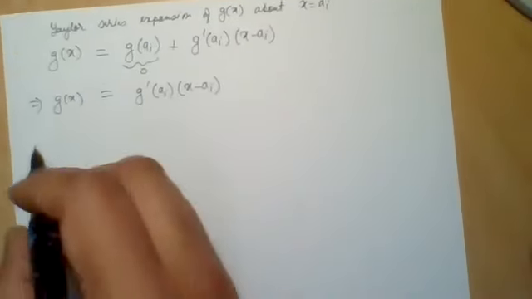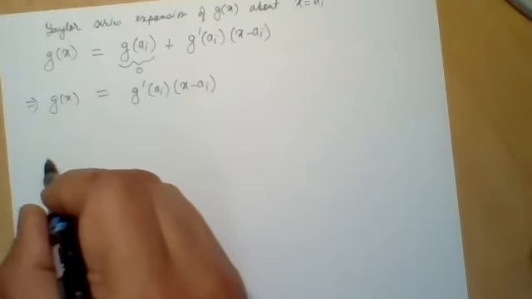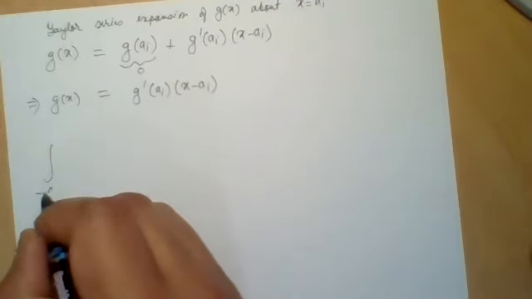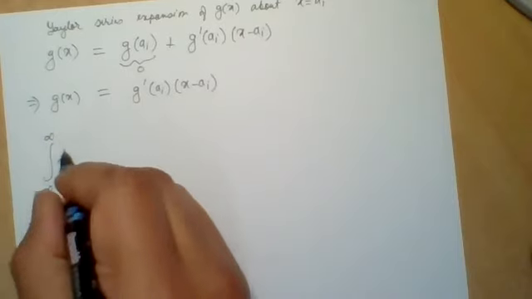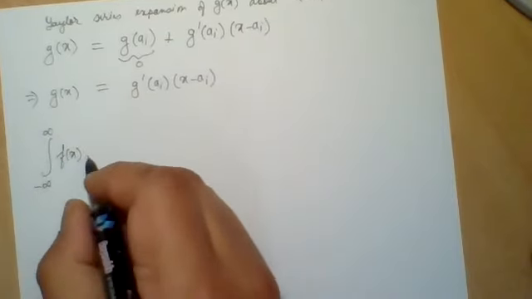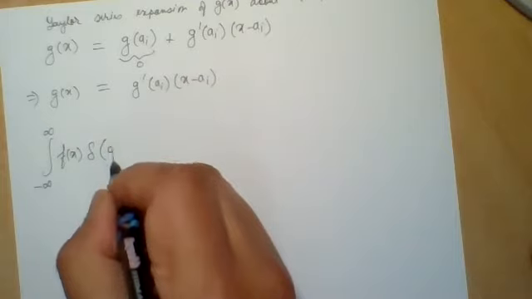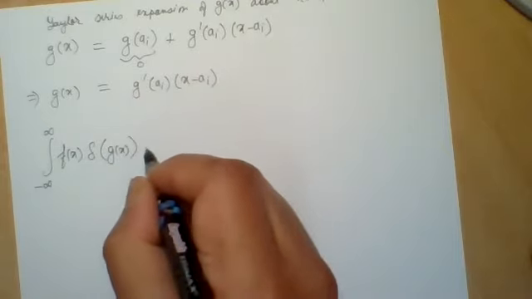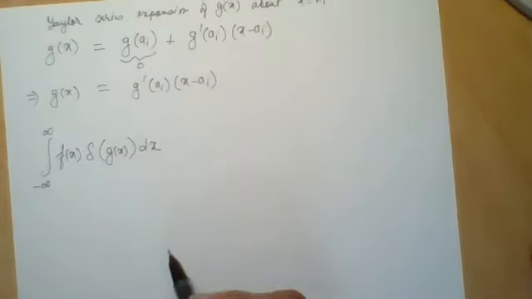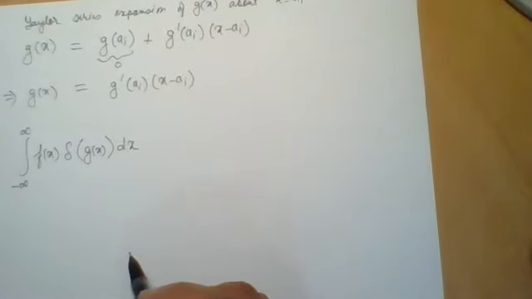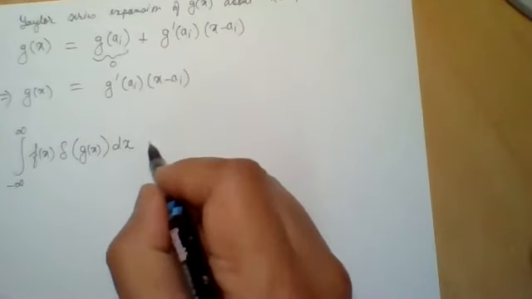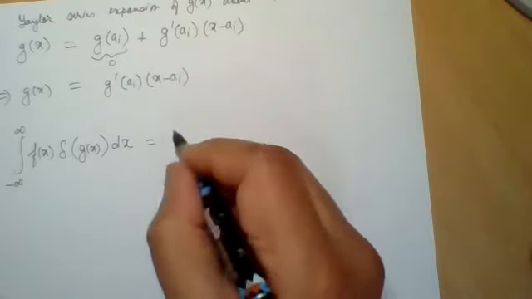Okay, so let us take the integral from minus infinity to plus infinity f(x) delta g(x) dx. This integral can be expressed like this.